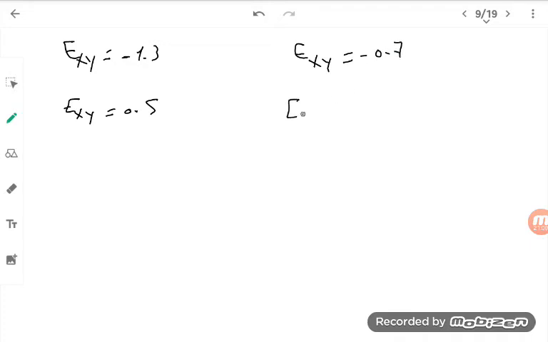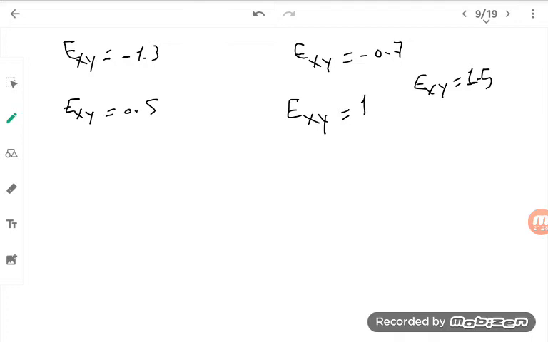So if we calculate the cross elasticity, and it is number 1, it is negative 1.3.